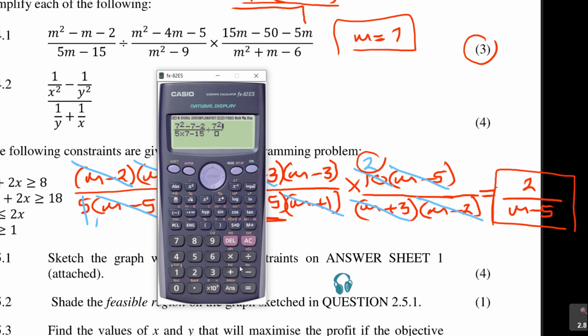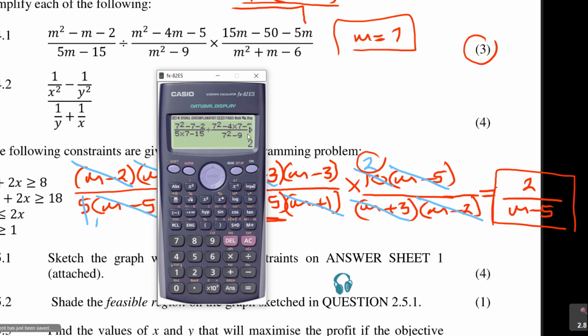Divided by 7 squared minus 4 times 7 minus 5, all over 7 squared minus 9 times 15 times 7 minus 50 minus 5 times 7, divided by 7 squared plus 7 minus 6.